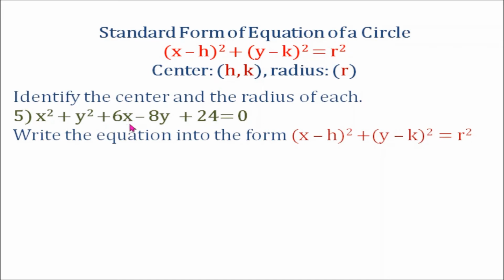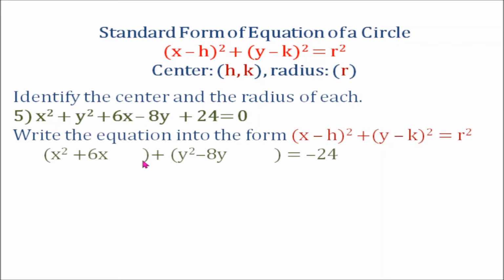So in this case, we have x squared and 6x, and then also y squared and minus 8y. And then we are going to move the constant to the right side of the equation, so it's positive 24, it becomes negative 24.